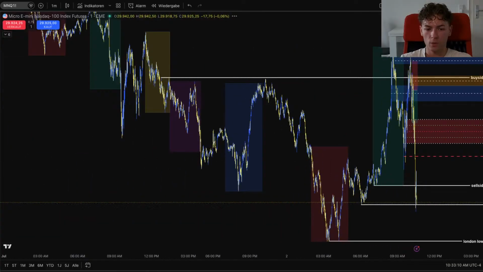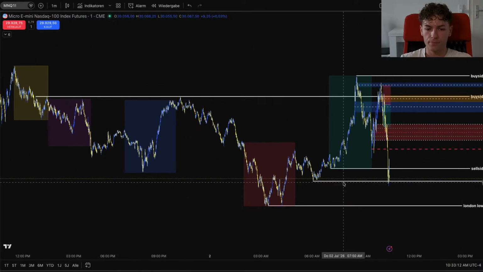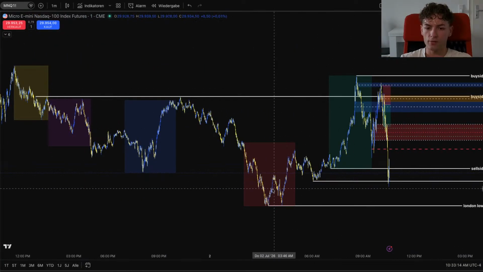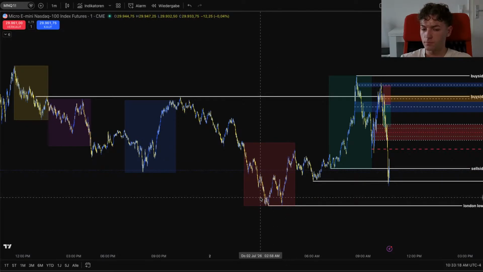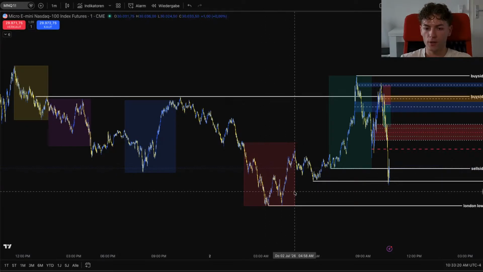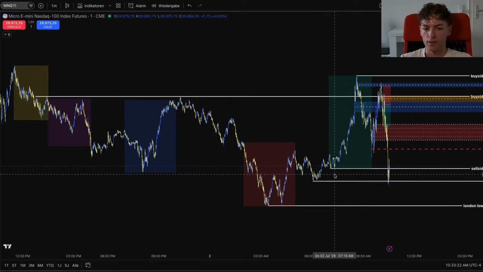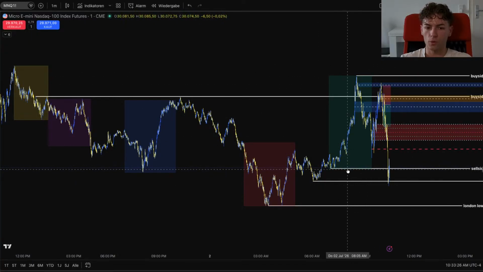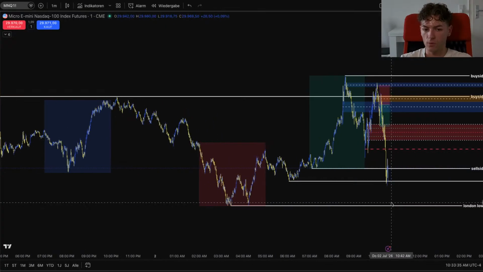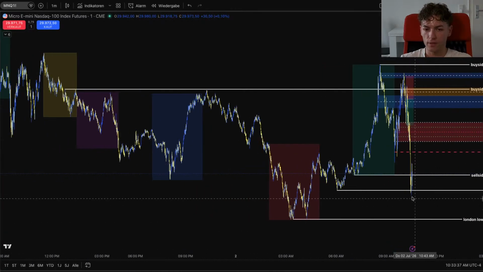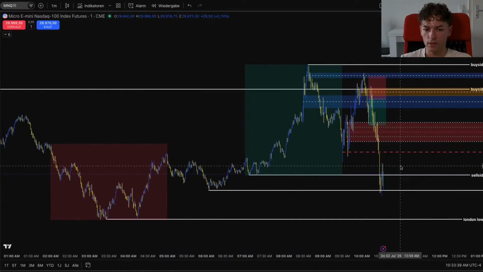Why do I think that? Because I don't think we are going to have a London low daily profile. I think we are going to have a New York reversal type profile. So we've created the high of the day in the New York session, and now we move lower. That's how I predict the daily range going to pan out today.